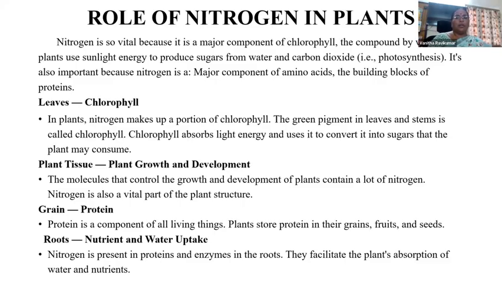Plants store protein in the form of grains, fruits, vegetables, and seeds. And then root development: the roots take all the nutrients and water to the plants and translocate the nutrients to all the parts of the plants.